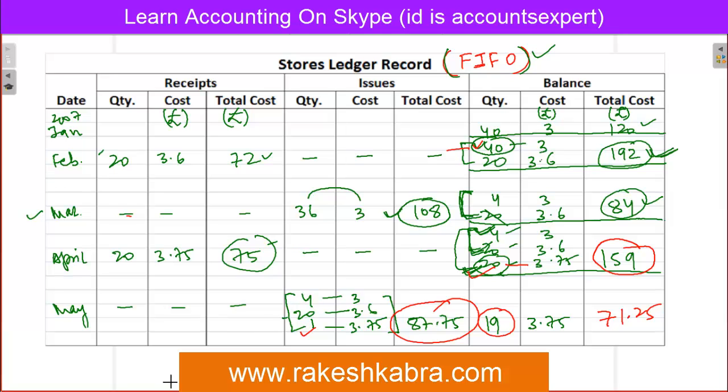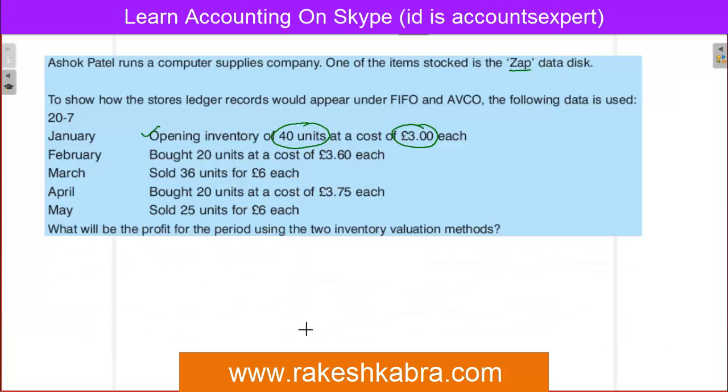No. We do not need to consider the sale price. Sale price we will not consider, because here we are maintaining the record of inventory. Only cost price we will consider. Ignore the sale price; you just consider the sale quantity. See in the question, sale price is given as 6.